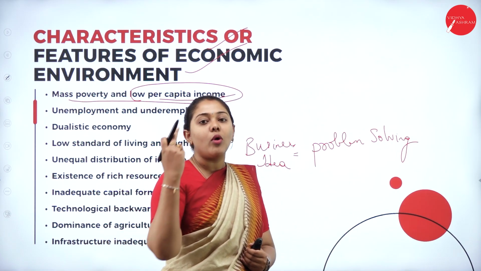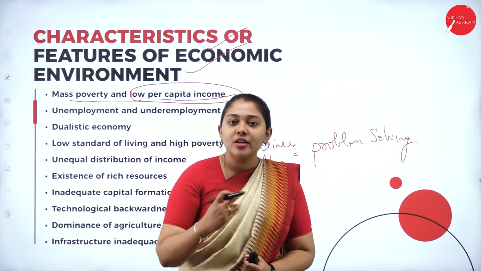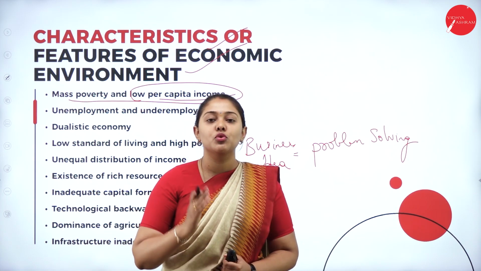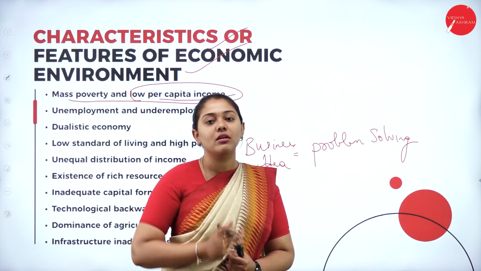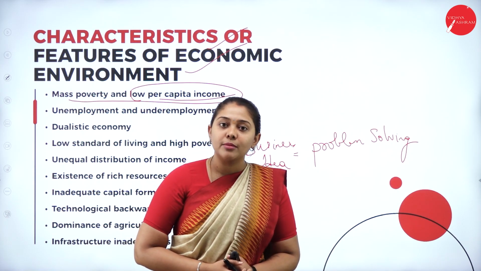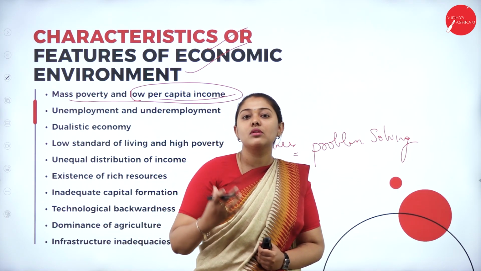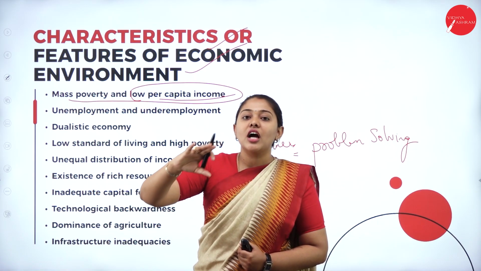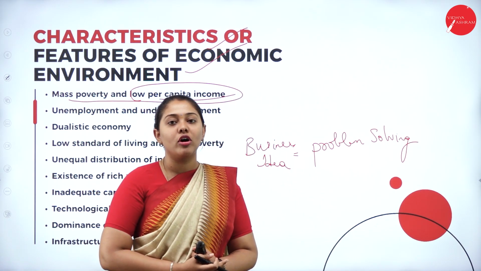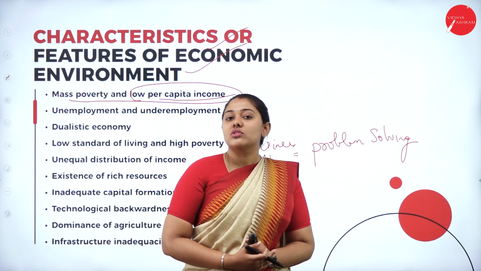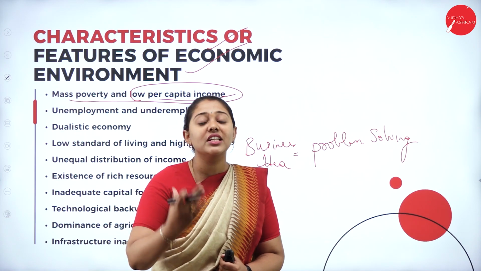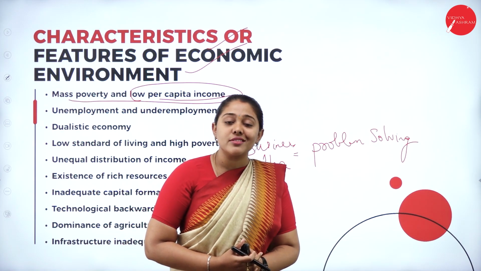Earlier, if there were five people in the family, one person used to work and the other four used to depend on that person. So entirely, one person had to take up the responsibility. So there was a lot of poverty. But as the government has given a lot of initiatives to boost the economy, they have boosted our infrastructure and provided a lot of facilities to our public, to our society.